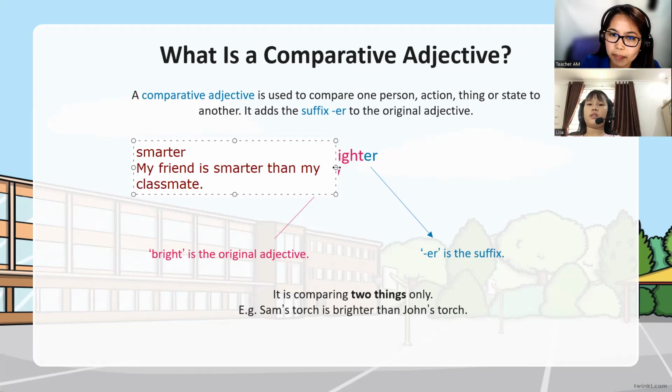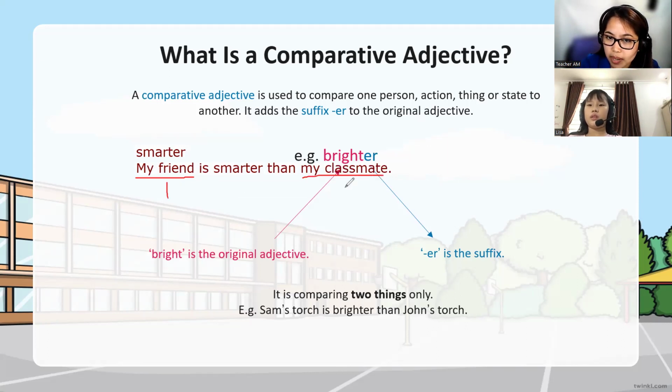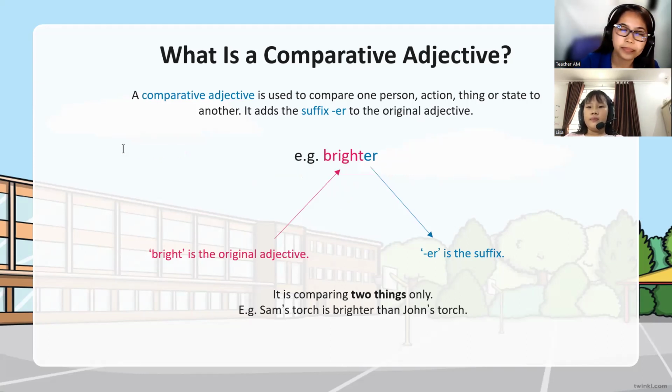How many people do we compare? We have my friend, that's one, and my classmate, another one. So what is the comparative adjective? We have here smarter. This is the comparative adjective.